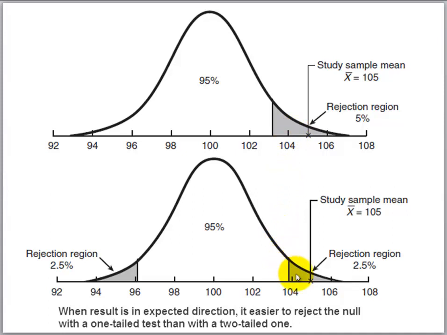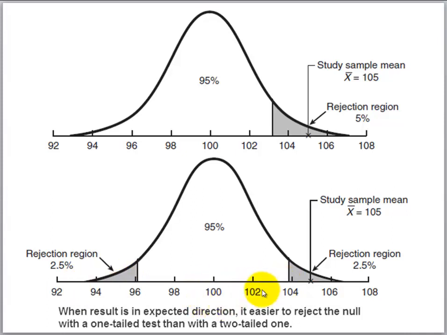Whereas in our two-tailed test down here at the bottom of the figure, the rejection regions are 2.5% in each tail. So here we needed to go 1.96 standard deviations.